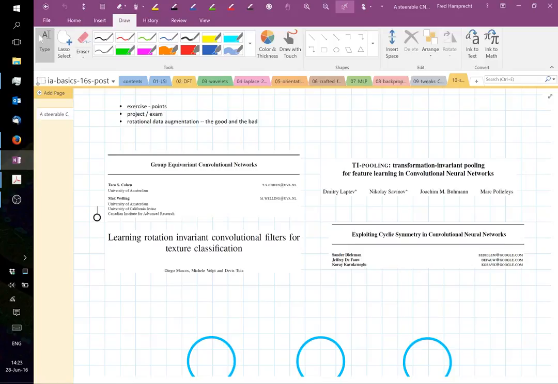The good thing is you can just use your standard architecture, and you don't need to know anything about steerable filters and whatnot.